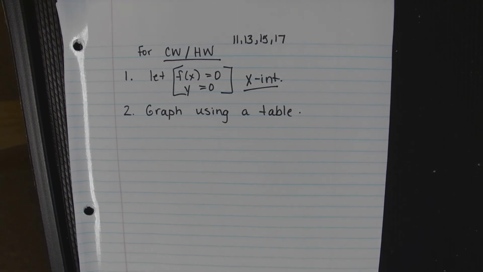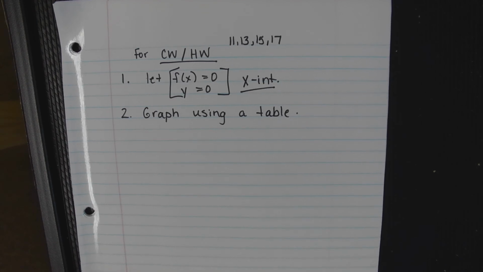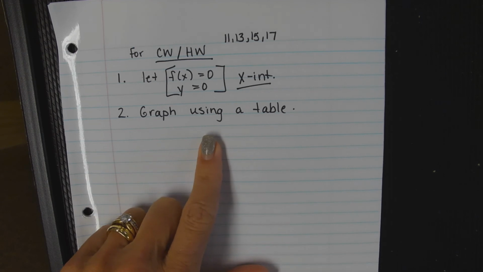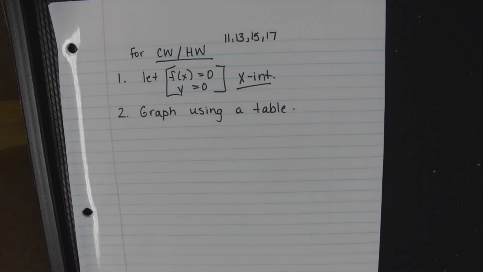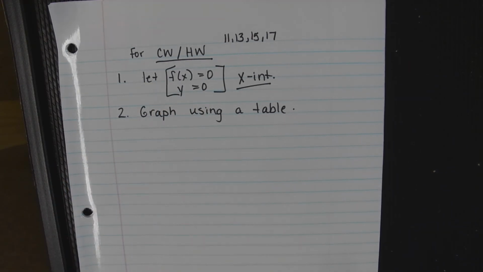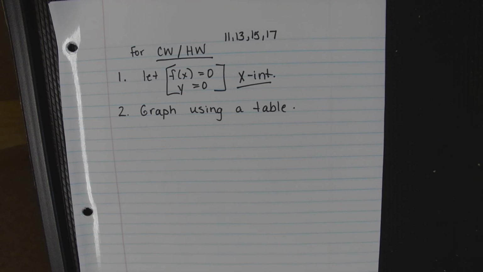Let me remind you, you will have some of these for homework, which will be graded tomorrow. So please make sure you follow along. We will go over these 4 very shortly. And it's your responsibility to make sure what I do is what you do. Okay, there's 2 parts to this. Let y equal 0 to find the x-intercept, and then you're going to graph using a table. All right?